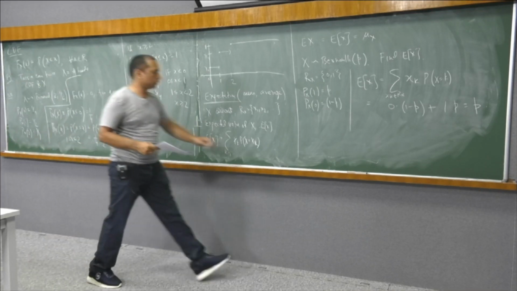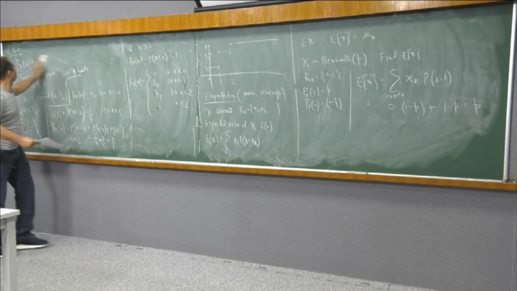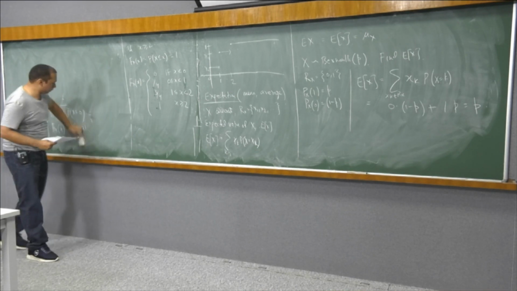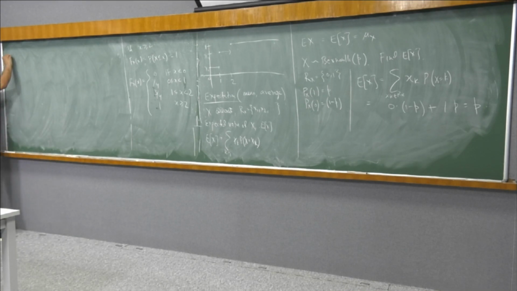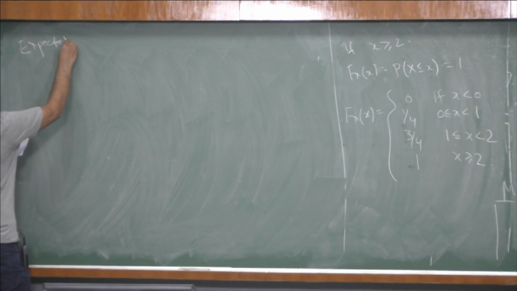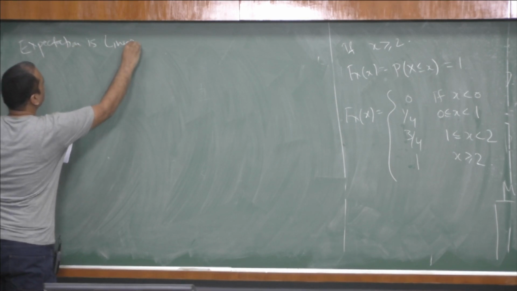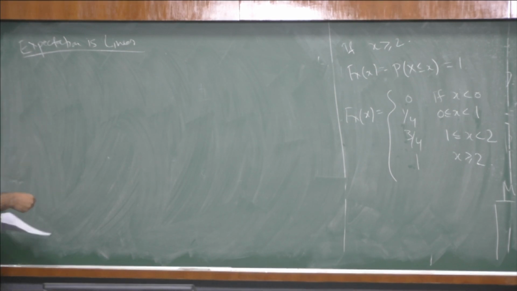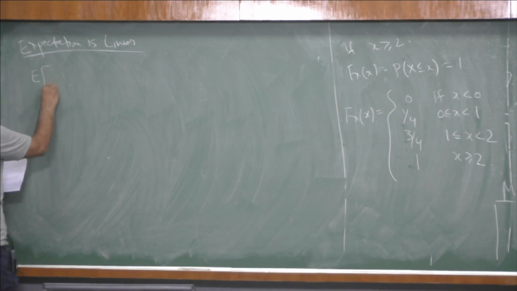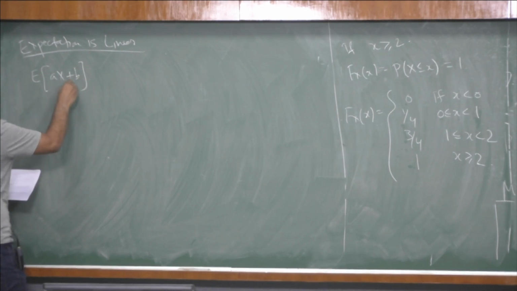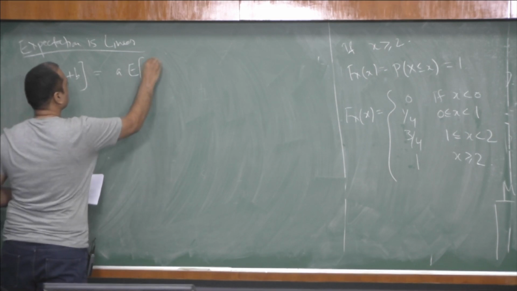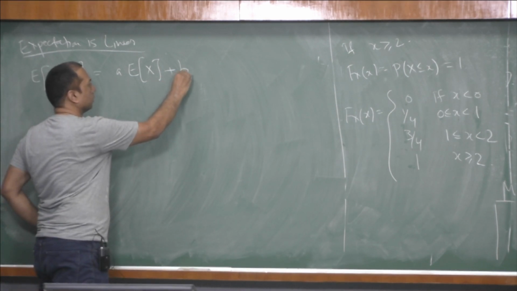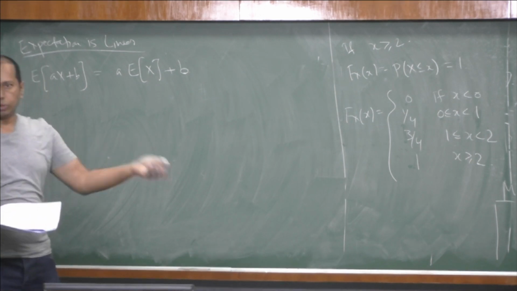Important thing is expectation is linear, so we need to recall what a linear operator is. The definition of linearity has to be applied here. Expectation of aX plus b: according to linearity, a comes out, a times E[X], plus b. The expectation of a constant is the same constant, because if something is constant, then on average you expect the same constant.